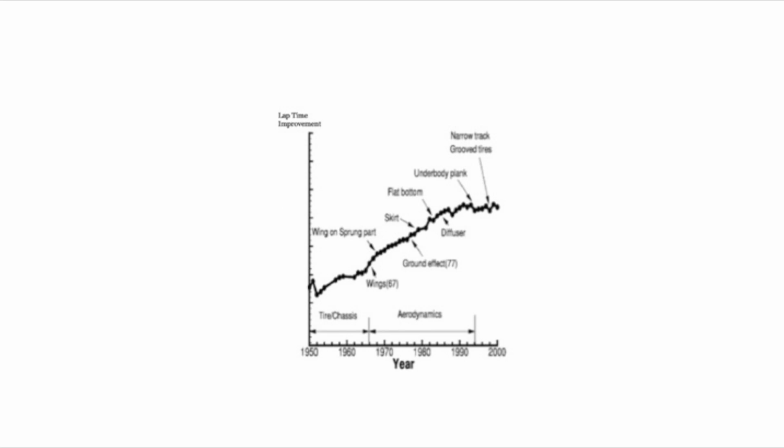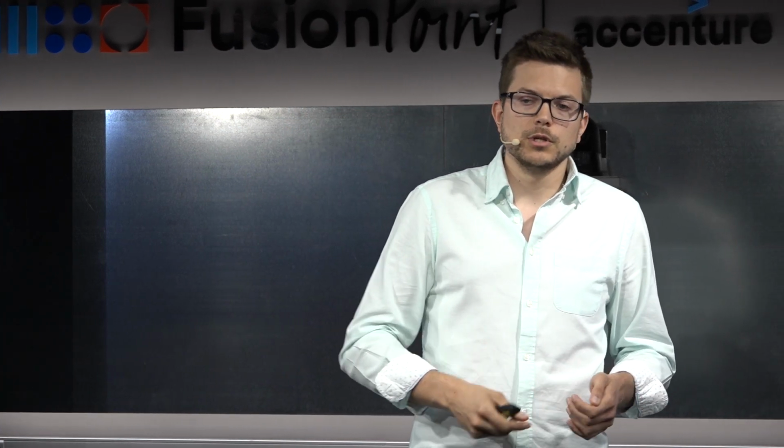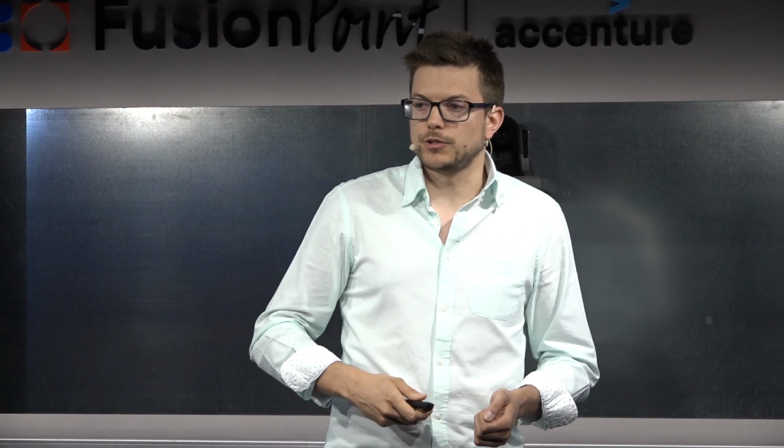This graph here shows you the evolution of lap time improvement along the history of the sport. So basically what this shows is that in the early days of the sport, the gains in lap time were achieved faster and more frequently. As we progressed through the history, we started using technology and data.